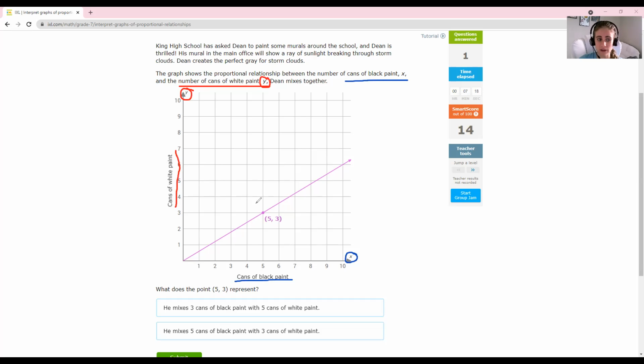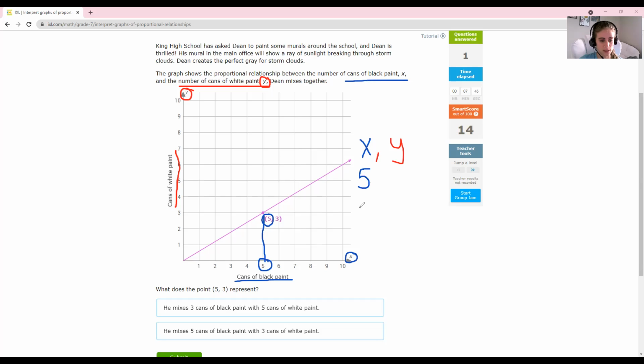So now that we've identified that, we can look at our ordered pair. Let's make sure we don't get our ordered pair mixed up. What comes first? Our X. So in an ordered pair, our X comes first, and then our Y is second. So in this case here, our X value of our ordered pair would be 5, because we go over to the 5 on our X-axis.